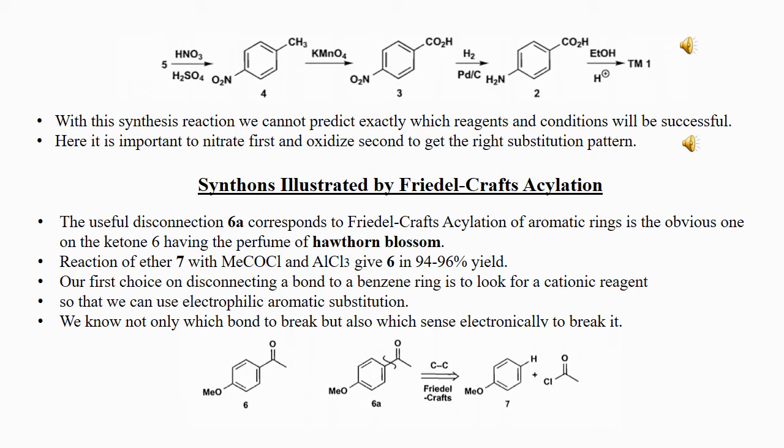So the ketone which is present para to methoxy can be synthesized from the Friedel-Crafts acylation of simply compound 7, you can see in the slide. So for 7, just logically disconnect by a wiggly line. The wiggly line is used to disconnect the functionality, and we can get both.